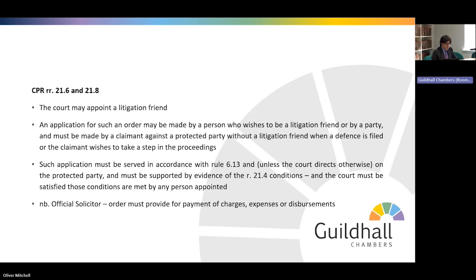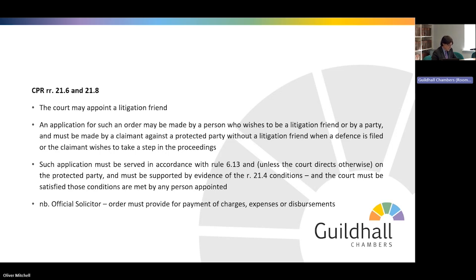Rule 21.6, taken together with Rule 21.8, deals with the alternative possibility I mentioned of an appointment of a litigation friend by court order. For these purposes, an application for that order may be made by a person who wishes to be a litigation friend or by a party to the proceedings, and in some circumstances for a claimant must be made, those circumstances being where the claimant has brought the claim against a protected party who doesn't have a litigation friend, and either a defence is filed by somebody else on their behalf, or the claimant wishes to take a step in the proceedings.